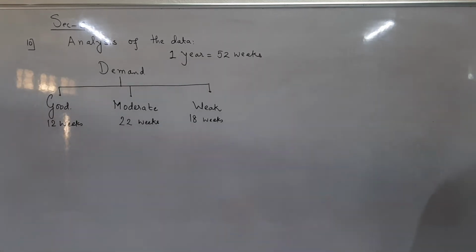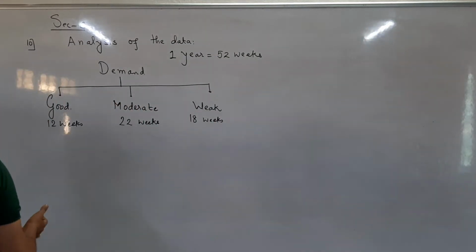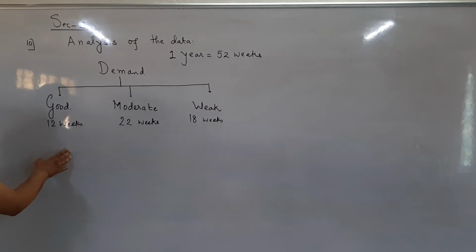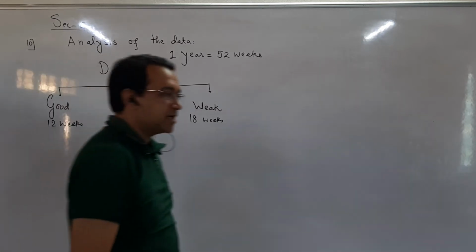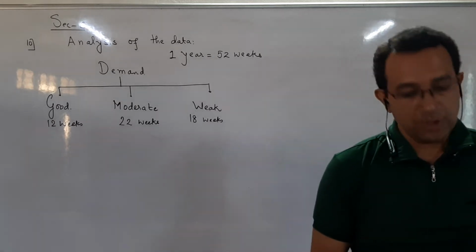So here, students, our table is very simple. We have to only write demand, which is good, moderate and weak, and just prepare the table. Here our tabulation will be very easy. So you can easily prepare the table on your own.